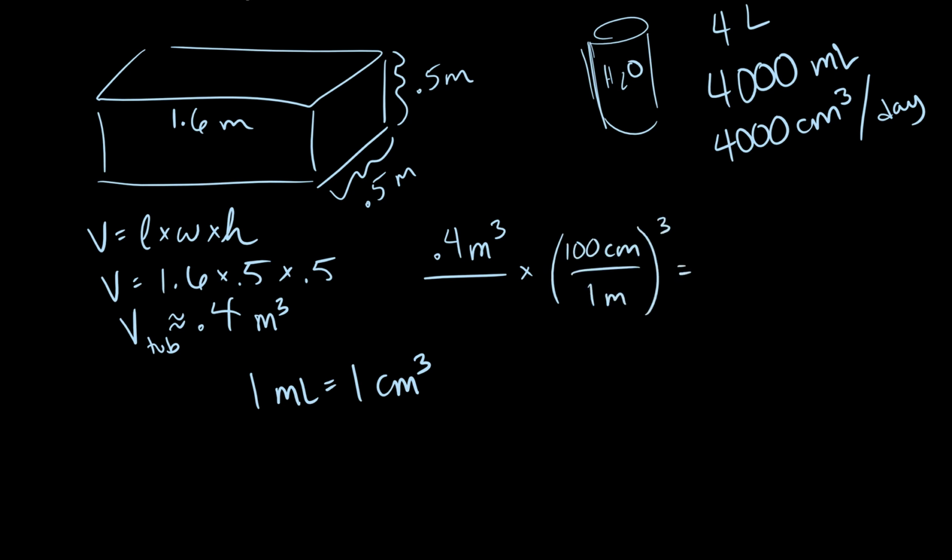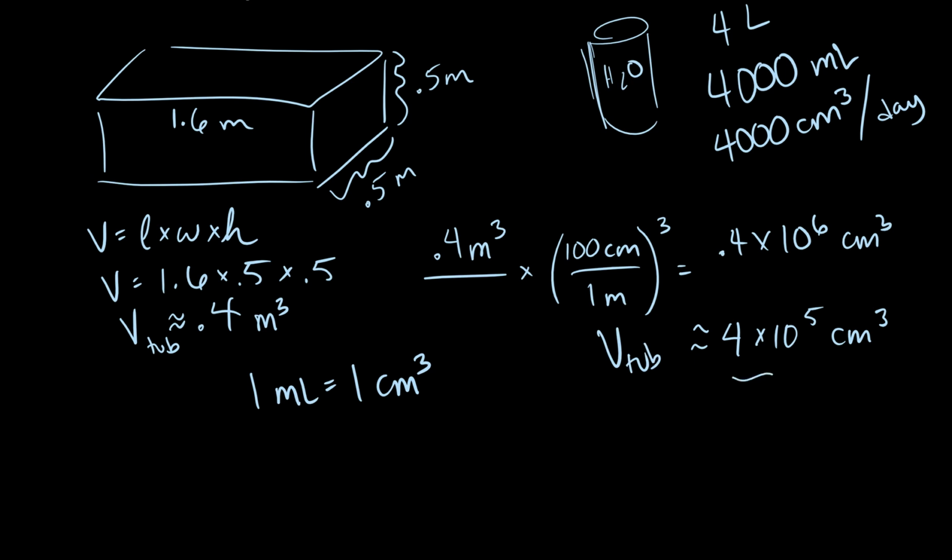That gives me 0.4 times 10 to the 6th cubic centimeters, or about 4 times 10 to the 5th cubic centimeters. So that's the volume of my tub, and now both are in cubic centimeters.